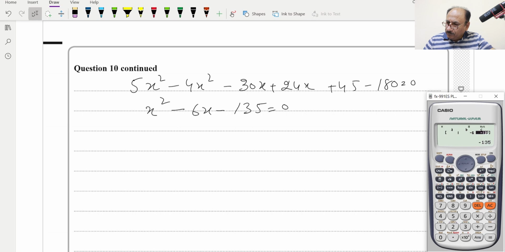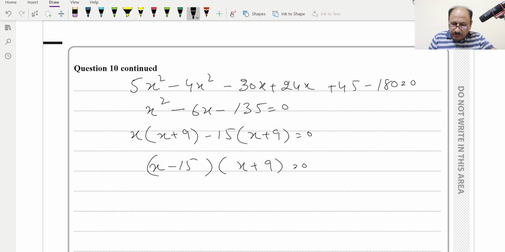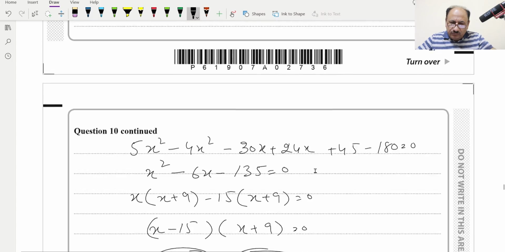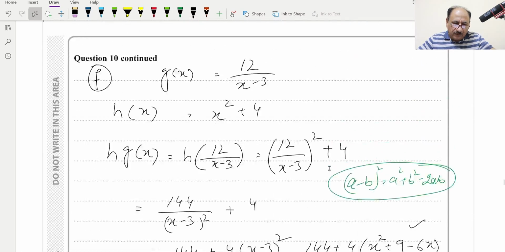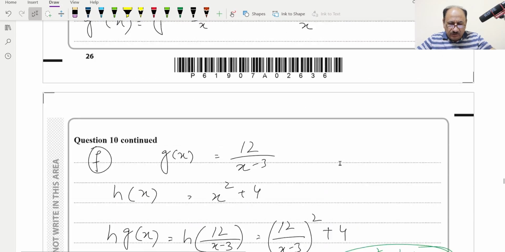This is equal to 15 and minus 9, so we can write x minus 15 and x plus 9 is equal to 0. So x is equal to 15 and x is equal to minus 9. These will be the two values which we were supposed to find for the g part, which they have asked to show clear working. Solve h of g of x is equal to 5, which we have done.